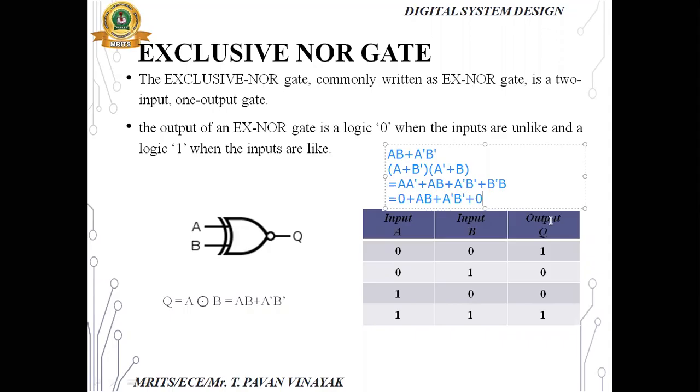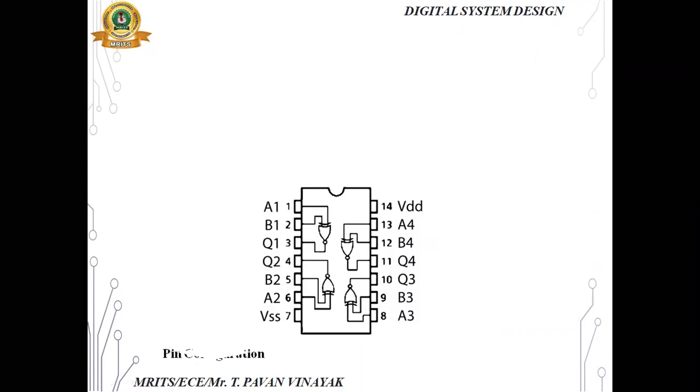Similarly, we can find AND gate and OR gate expressions also using the truth table. Let us see the truth table.